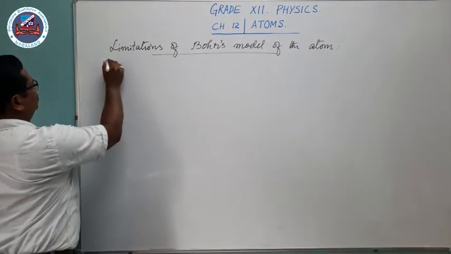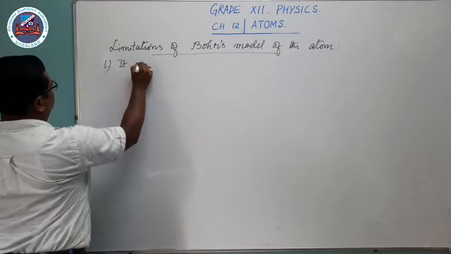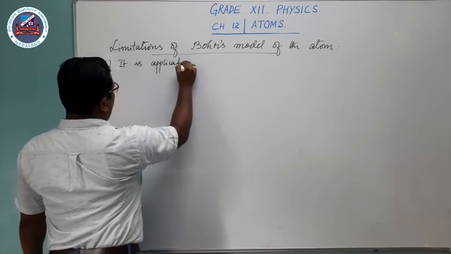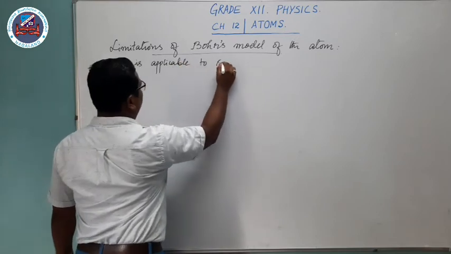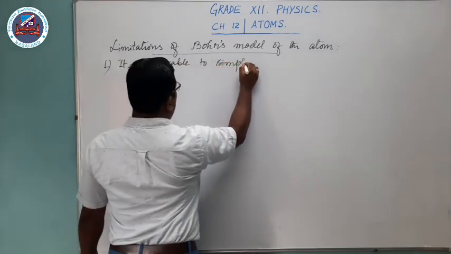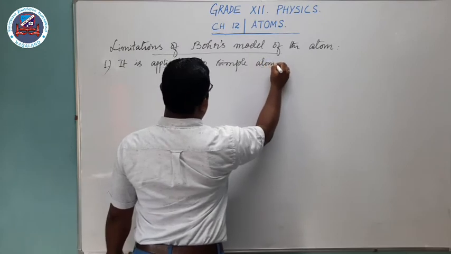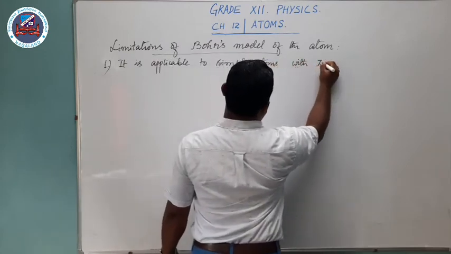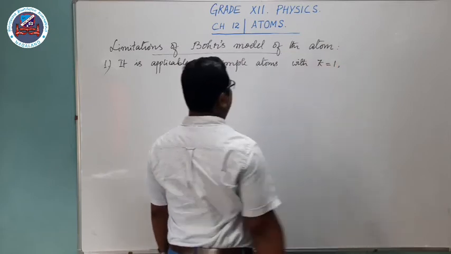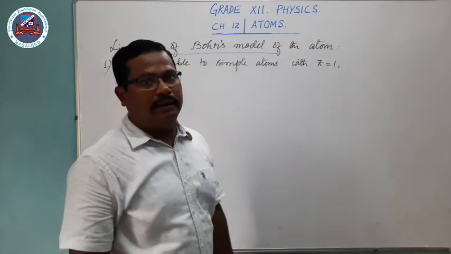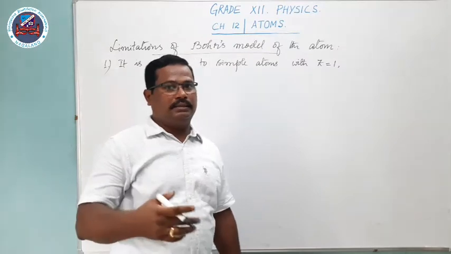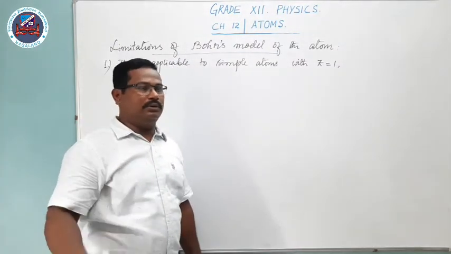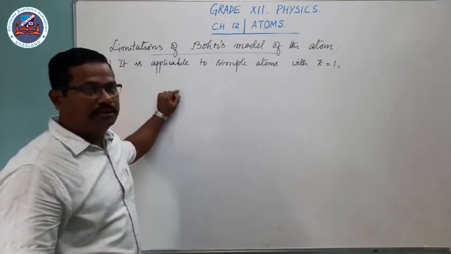First of all, it is applicable to simple atoms with Z equal to 1, like hydrogen and hydrogen-like atoms, whereas in other atoms when the Z value changes to 2, 3, 4, then this theory fails.